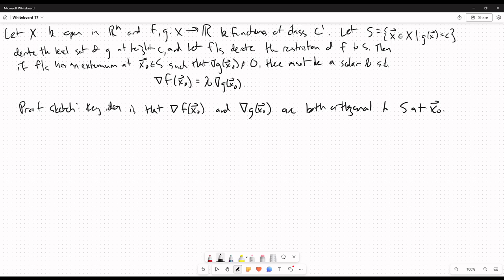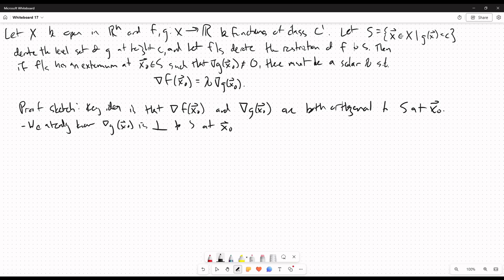That's the key idea. And I'll note we already know that the gradient of the function is orthogonal to the level set. So we already know that the gradient of g at x naught is orthogonal to S at x naught.